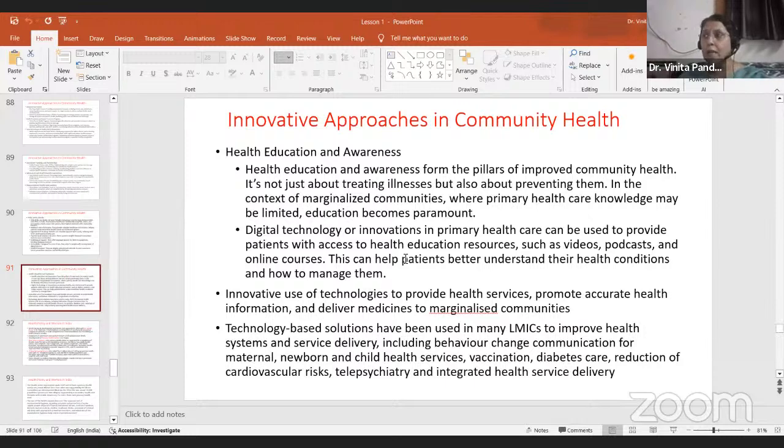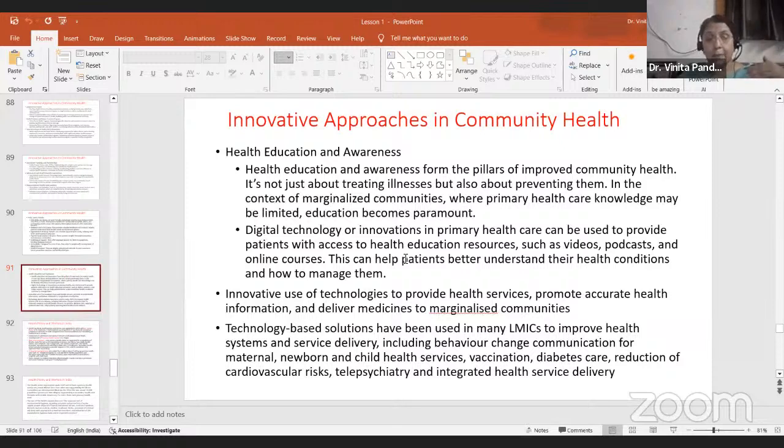See, people who are living in remote tribal areas, remote villages, who might not have exposure to how to deal with such challenges. So, if we are able to use technology, the government agencies, digital technology, then a lot of drastic change can come in the field of community health system.